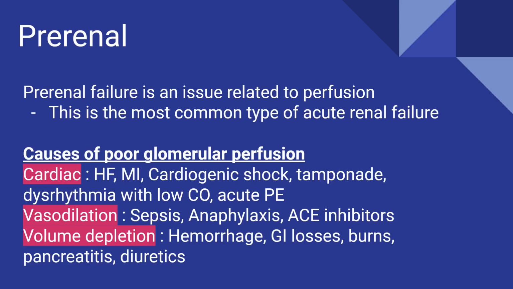Anything that damages cardiac output, heart failure, MI, shock, any kind of tamponade or dysrhythmia, including a PE, any severe vasodilation, so in the form of sepsis or anaphylactic shock, and then any kind of volume depletion, anything that's going to prevent volume from even entering the glomerulus in the first place, like a hemorrhage or a GI loss. So just think about a lot of our initial presenting problems could lead to pre-renal failure.